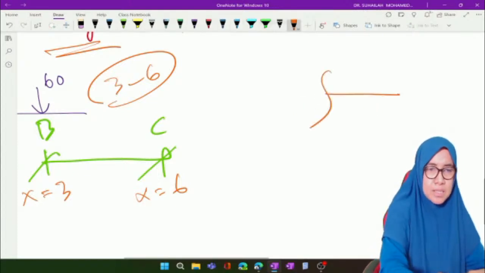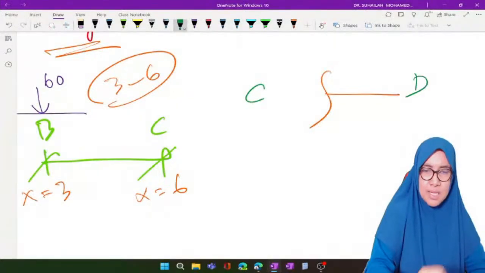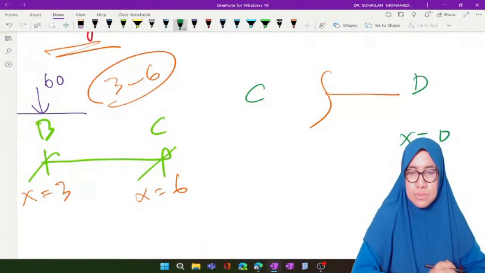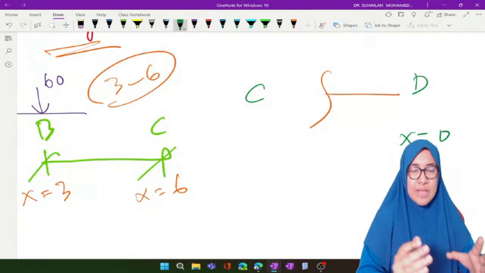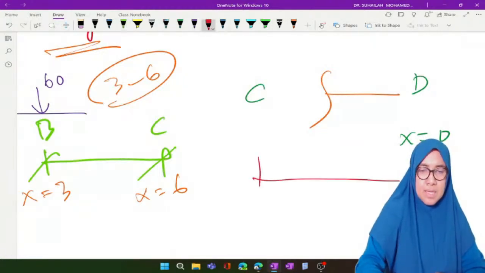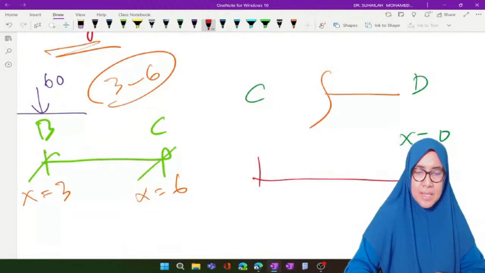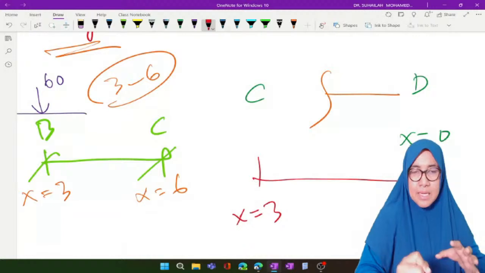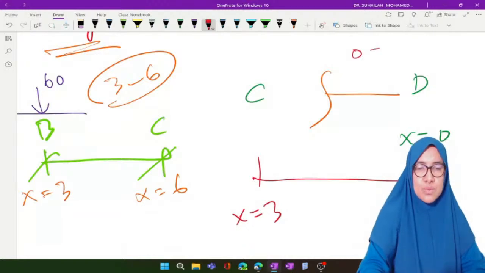This one is C, this one is D. Origin means X is equal to 0. And we want an equation that is true between C and D. Means that X here is equal to 0, X here is equal to 3. That is why in this case it is 0 to 3.